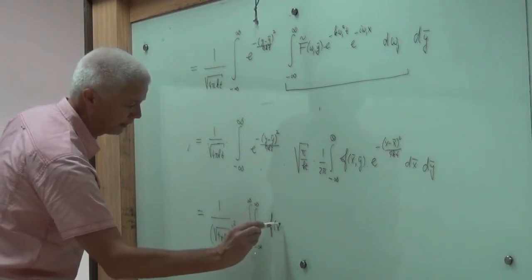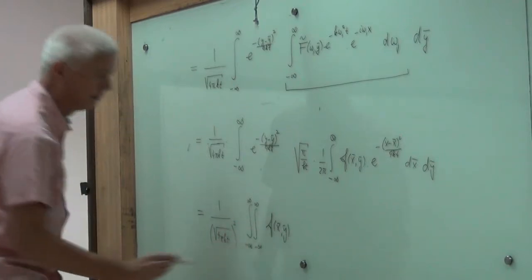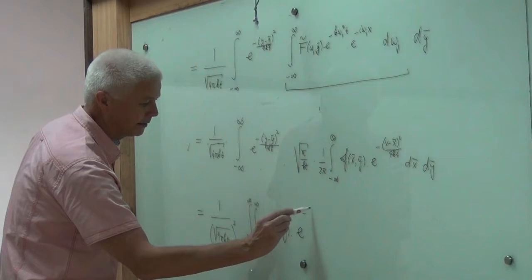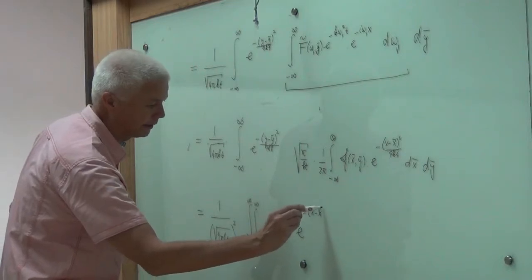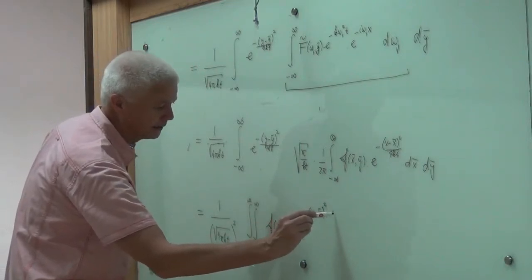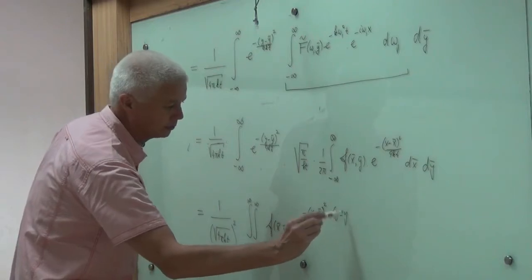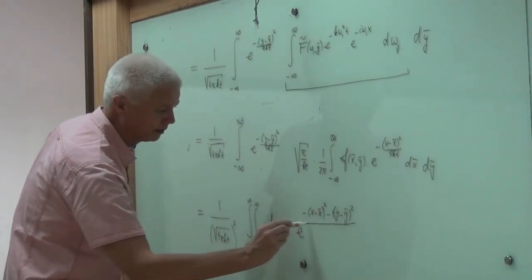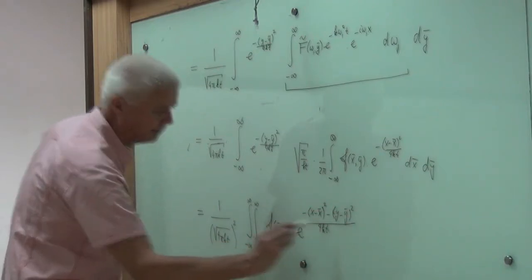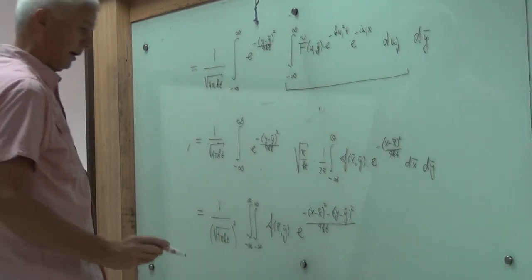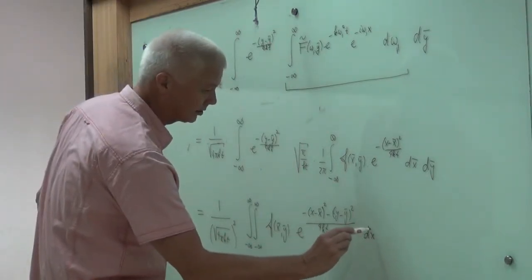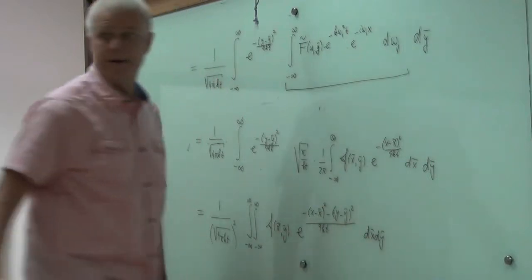I will get f of x bar, y bar, e to the power minus x bar squared minus y bar squared, divided by 4 kt. And then I get dx dy.